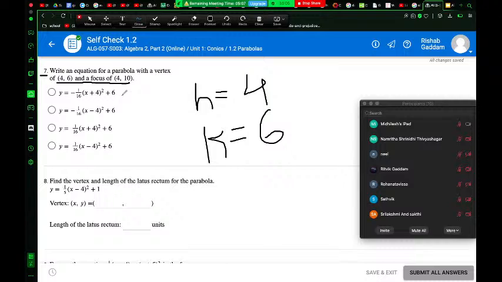Like y equals... no, I mean, is it number 4? y equals 1/16 (x minus 4) squared plus 6. Okay. Well, how did you get that number? Well, the equation for finding the vertex is 1/16 a, was it? Yeah, I think it was a, and (x minus h) squared plus k.